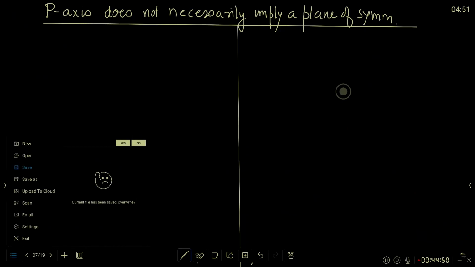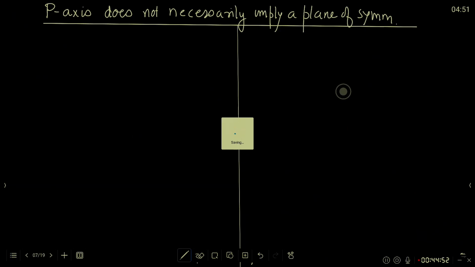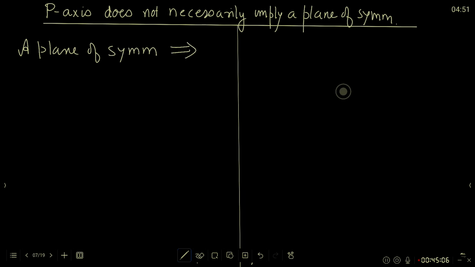Now I want to share with you a word of caution. If you can find a plane of symmetry, it implies the existence of a p-axis which is perpendicular to the plane of symmetry.